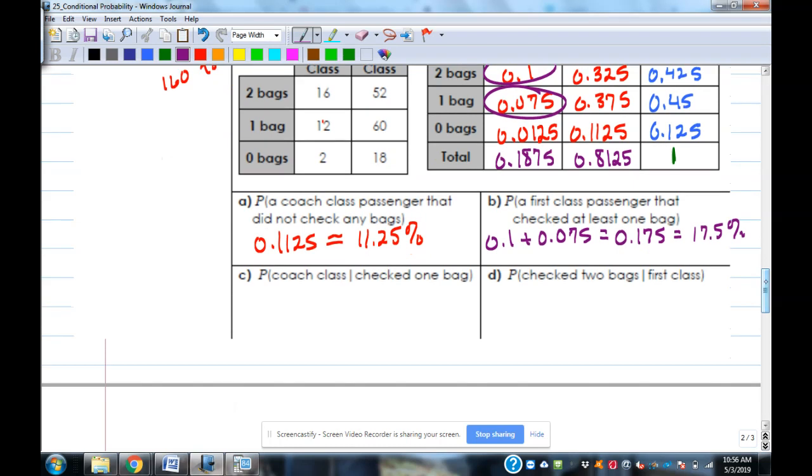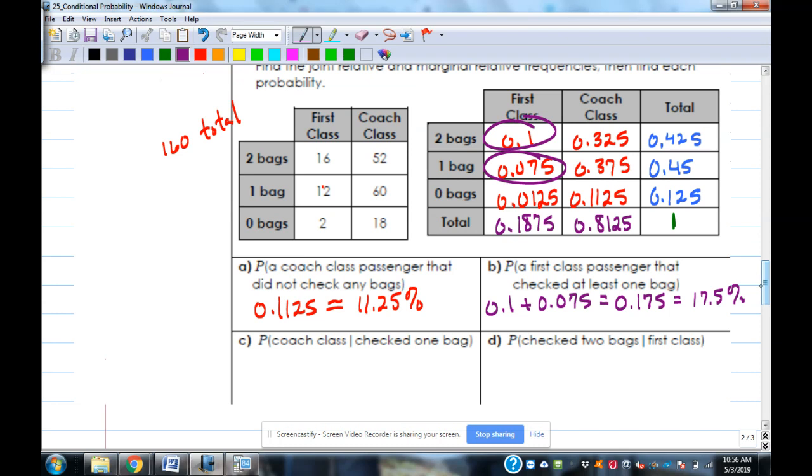C part says a coach class person is picked given that they checked one bag. So given that they checked one bag, a coach class person is picked. What's the probability of people checking one bag? 0.45. That total over there on the right side, 0.45 is the probability of somebody checking one bag. We want the probability of picking a coach class person from that, right?